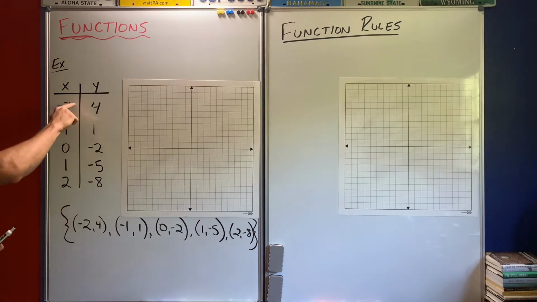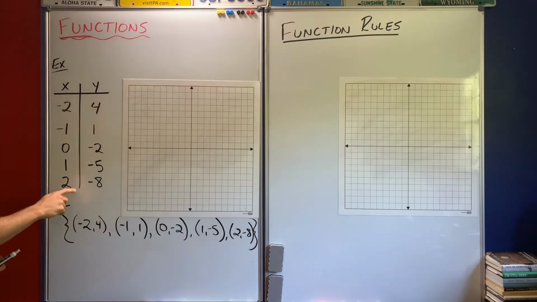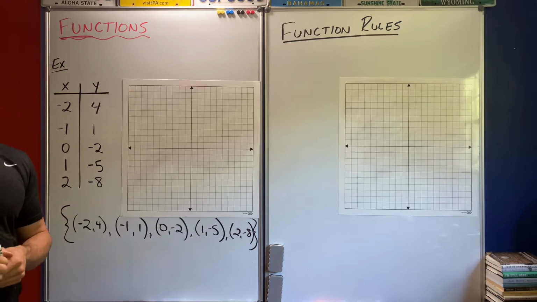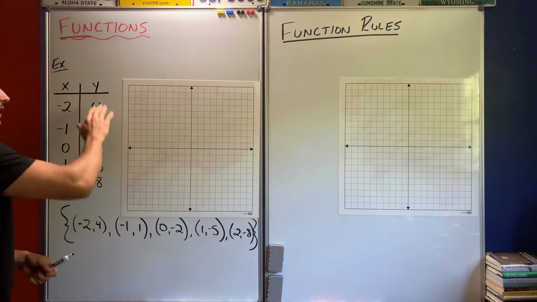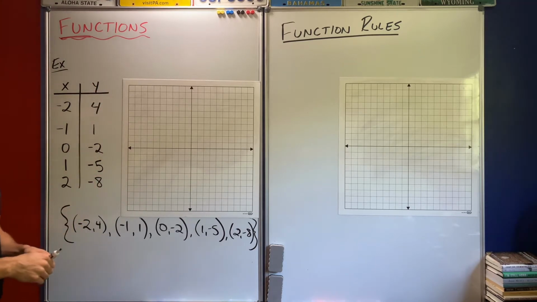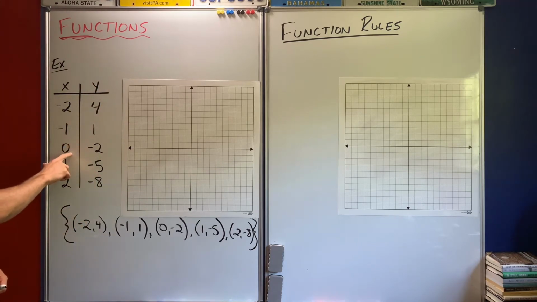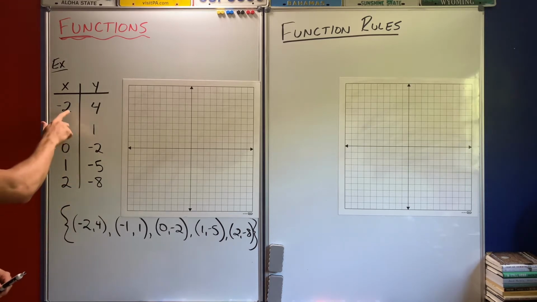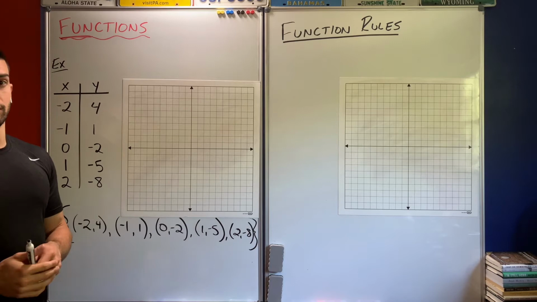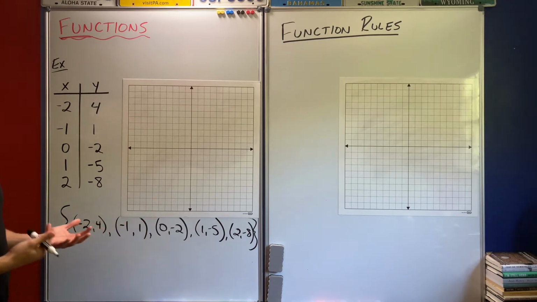In this one, we look at these points, and the big determining factor, hopefully you remember, is those x values. The y values really don't matter. For this one, we see that all the x values are different. Yes, -2 and 2 are the same digit, but -2 and +2 are different numbers.